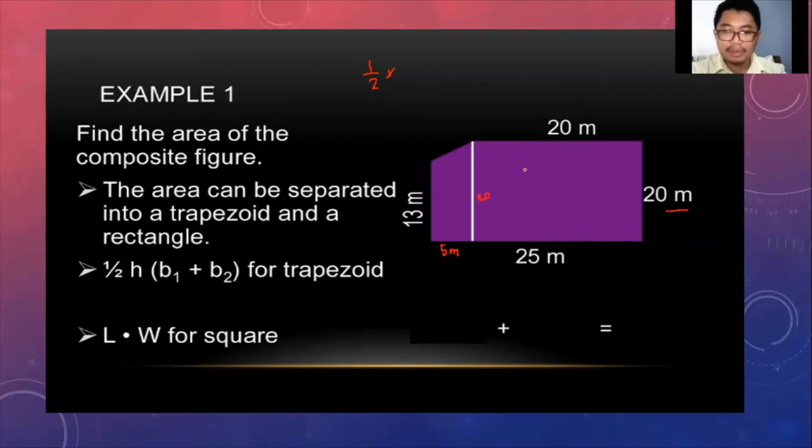So 1/2 times the height, which is 5, times base number 1, which is 20, plus base number 2, which is 13. 20 plus 13 is 33. 33 times 5, times 1/2. 33 times 5 we got 165.